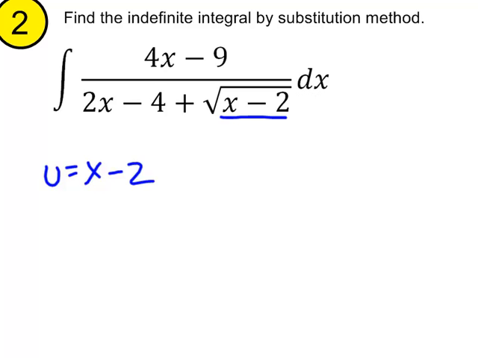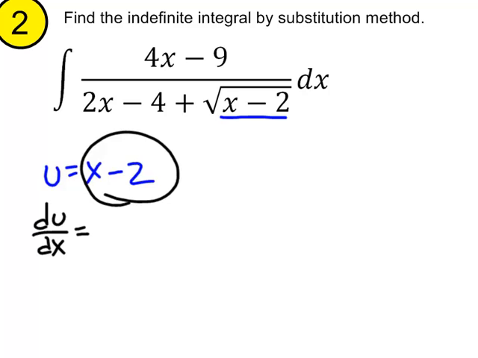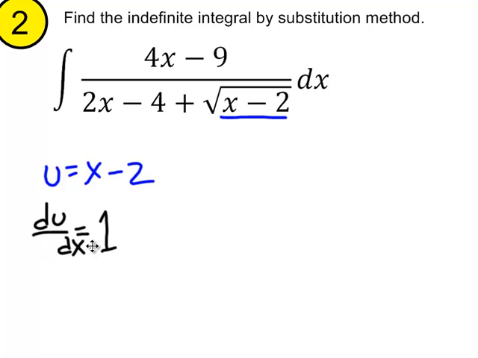So this is where we say du over dx, the derivative of u with respect to x. The derivative of this is going to be 1. And this is where we multiply both sides by dx, effectively bringing this dx over here, and whatever constant this is, dividing it over to this side. Obviously in this case, dividing by 1 doesn't really make a difference. But we see that when it comes time to U-substitute, this dx can be replaced by just a du here.